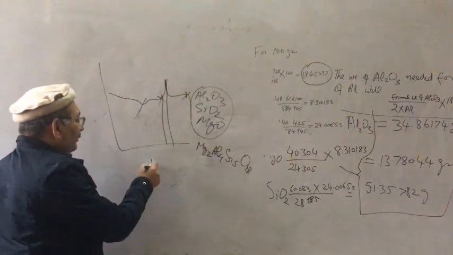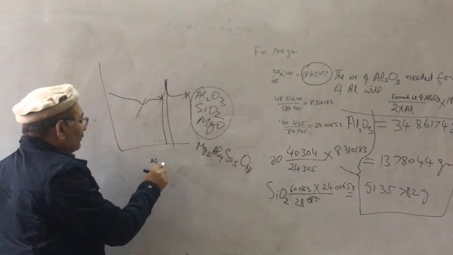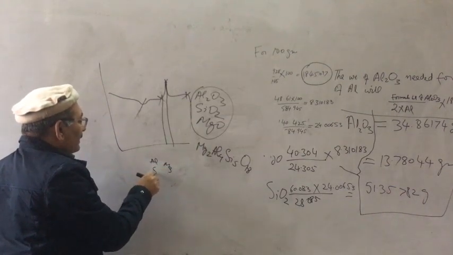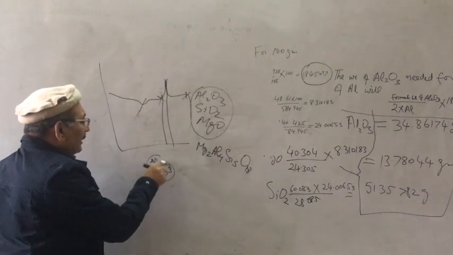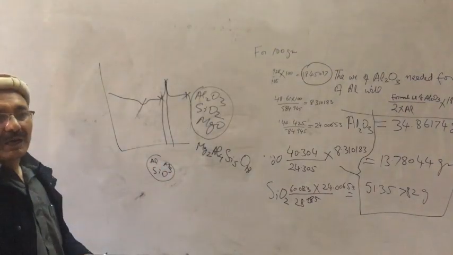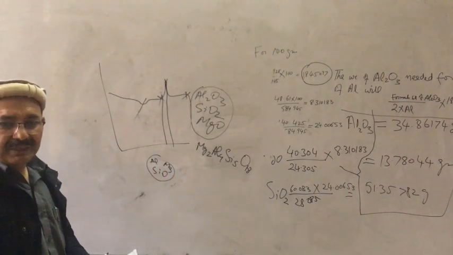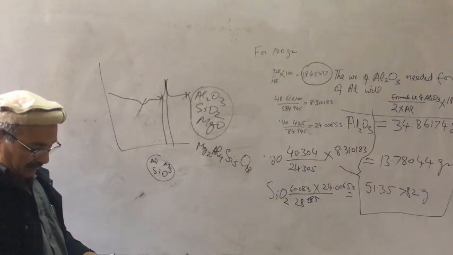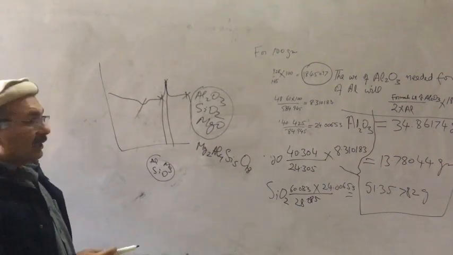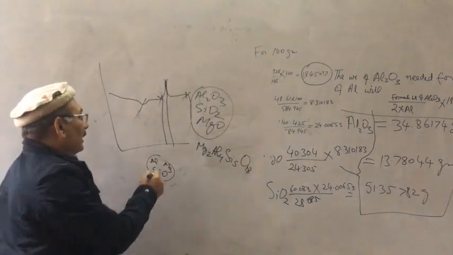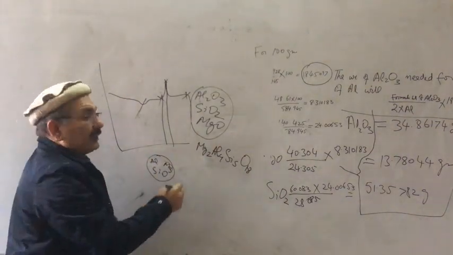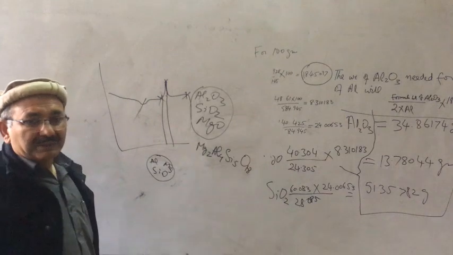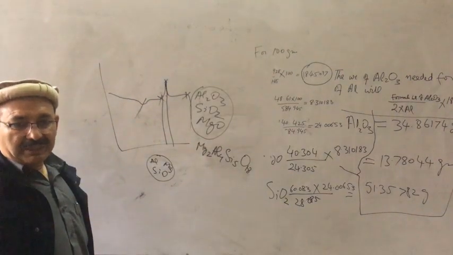So the aluminum, the magnesium, silicon and oxygen form small crystals inside the material. And if you need large size crystals or more crystallinity, then you heat it at the peak crystallization temperature.